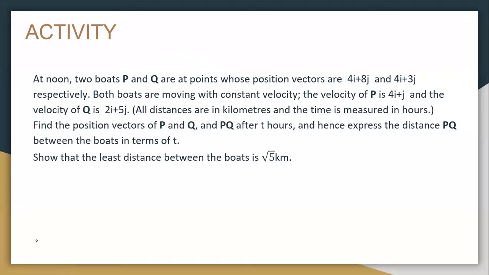They are telling us that at noon, we had two boats. Earlier on, I told you that when we are looking at vectors, one of the applications is in transport. Many times you may ask yourself, why is it rare to find an accident on water? Why is it that it's not always easy to hear that we had an accident for planes?